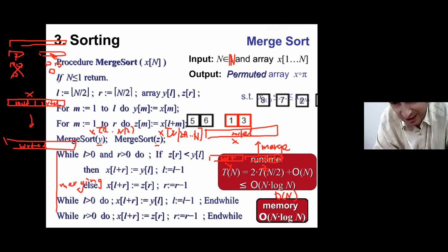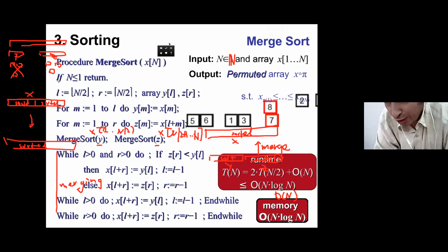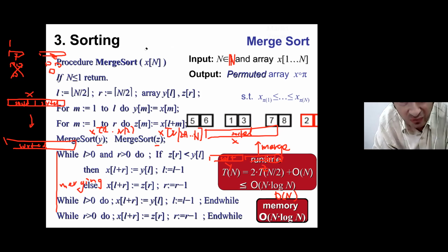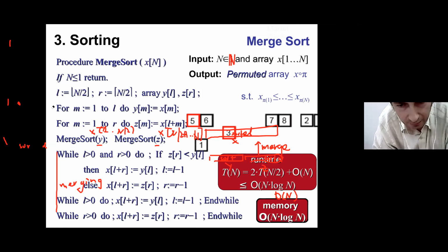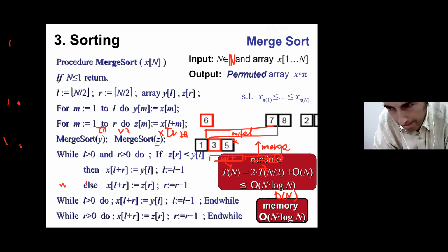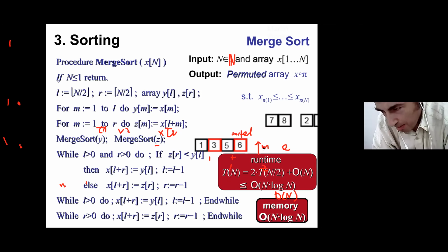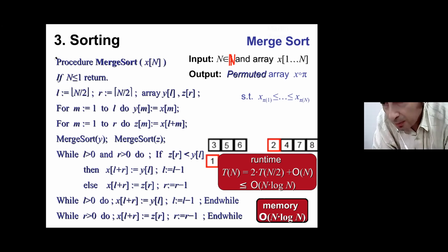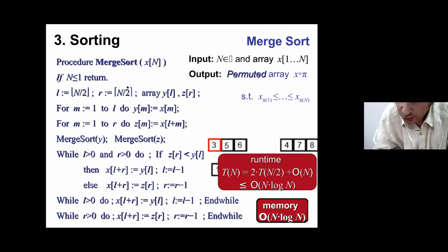Then I can simply append Z to Y. Okay, but we do not know this, and then we always need to copy. So this is the problem with the merge sort.